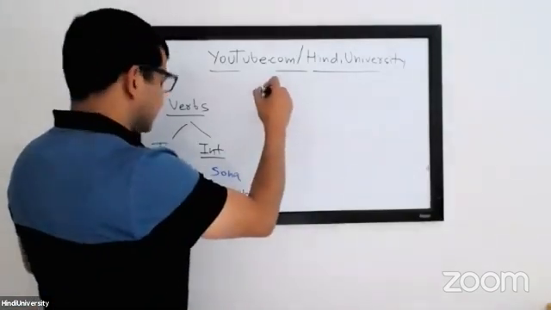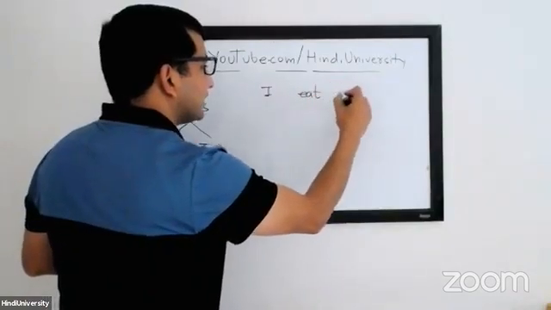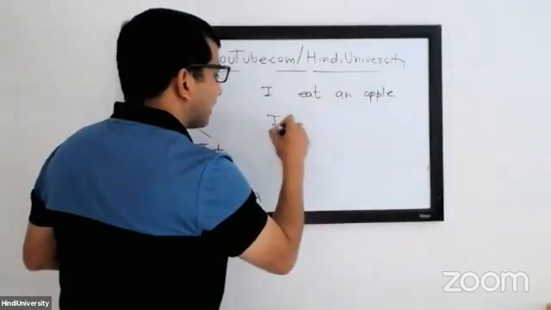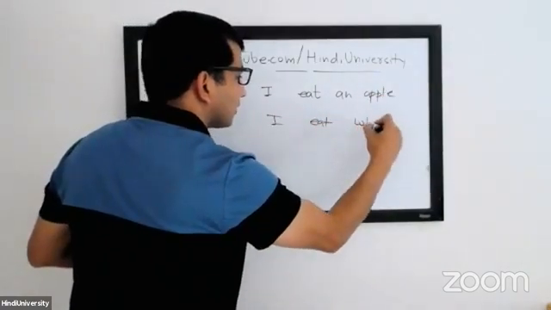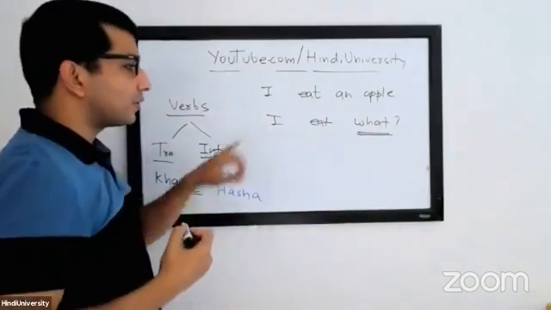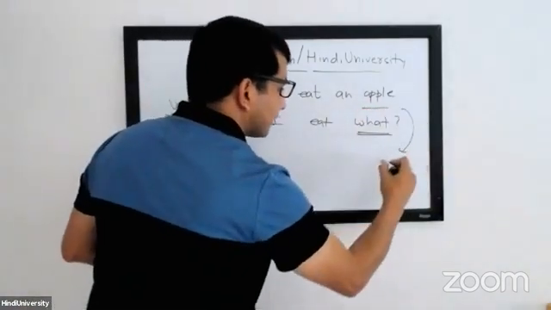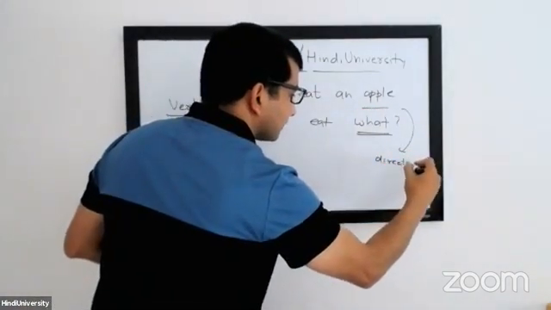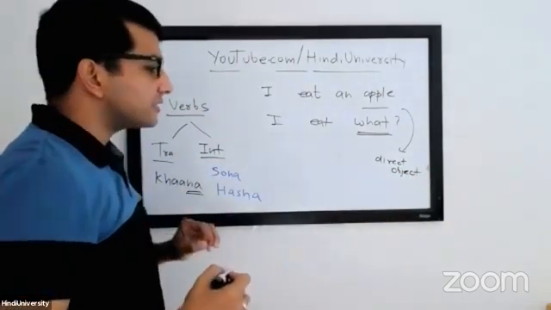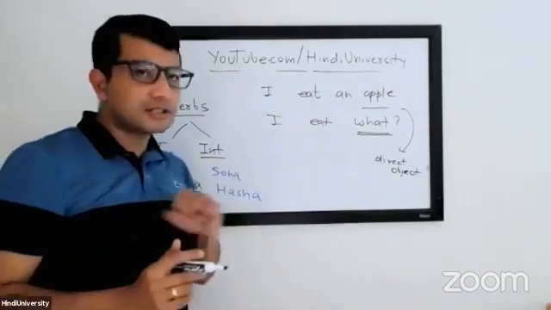So in this case, when I say I eat an apple, you can convert it into a question: I eat what? If you can get an answer to this question, that means there is a direct object, which means it's a transitive verb.